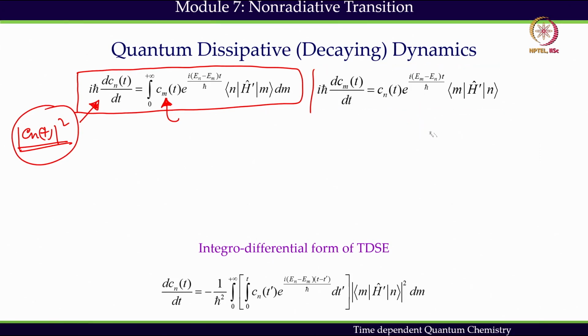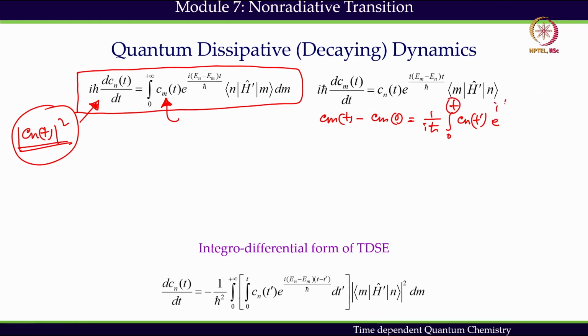So let's integrate this part. We'll be able to integrate this part very easily. It is going to be nothing but Cm(t) minus Cm(0) equals 1 by i h cut integral from 0 to t. I keep it t right now. Then this is going to be Cn, and I make it t dash now because it is a variable within this integration, to distinguish the limit from the variable of integration.